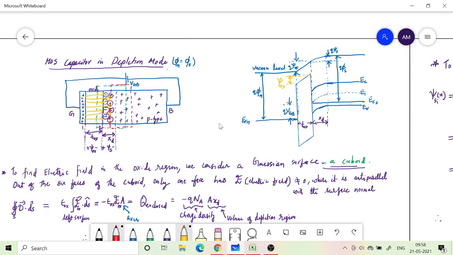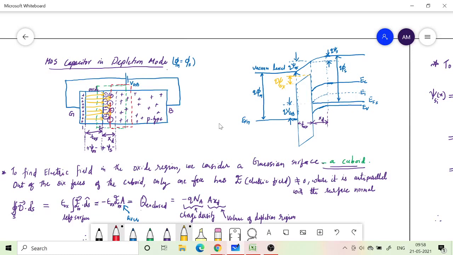So this is Q psi-ox, because it is energy we are taking from potential, we have to multiply with Q. The voltage is actually dropping toward the right side, but when you multiply with Q, which is the negative charge of an electron, it will be shown in the energy band diagram as increasing with respect to x.